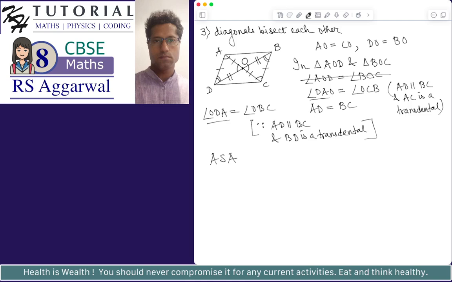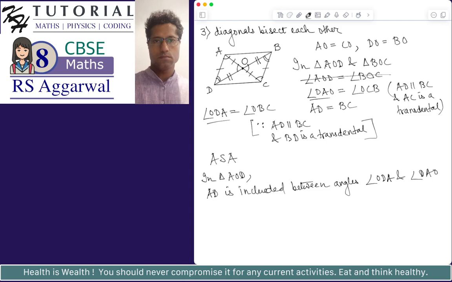The side AD is included in triangle AOD. AD is included between angles ODA and DAO.